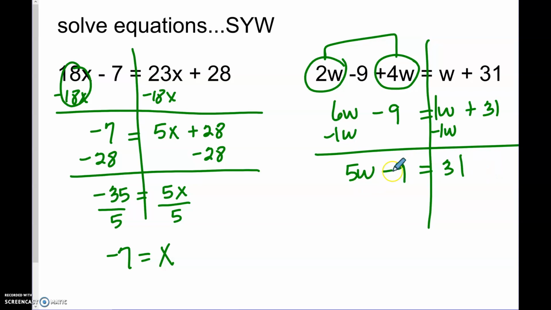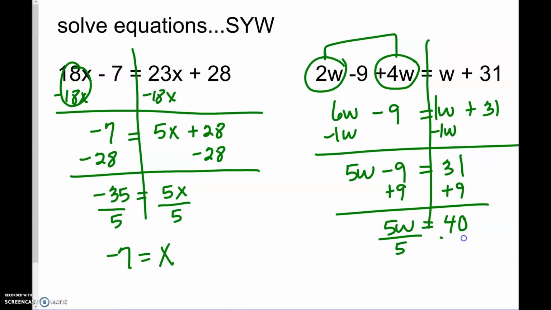All right, and because this says minus 9, the opposite of subtracting 9 is adding 9. So 5w equals 40. And that says 5 times w. The opposite of times is divide. So I'm going to divide both sides by 5. So w is 8.